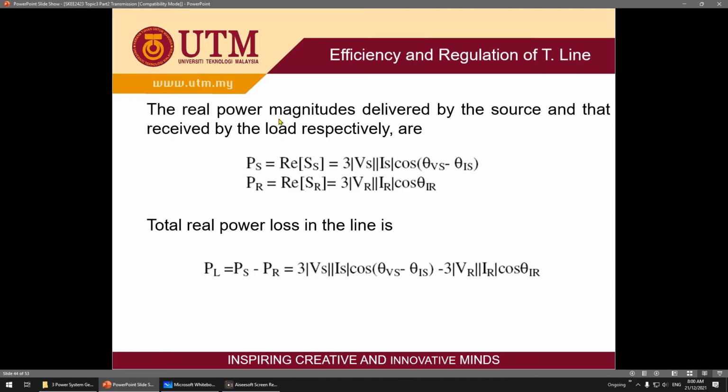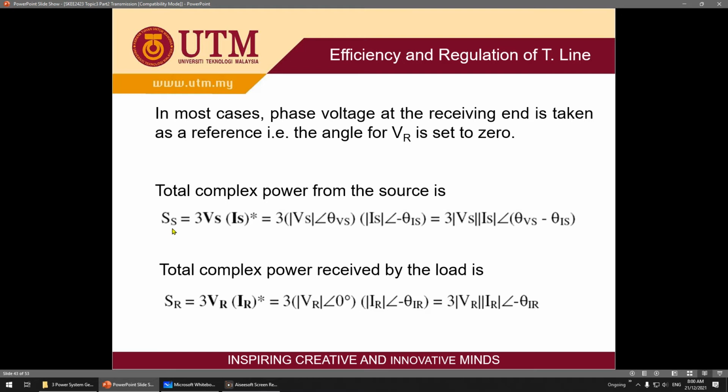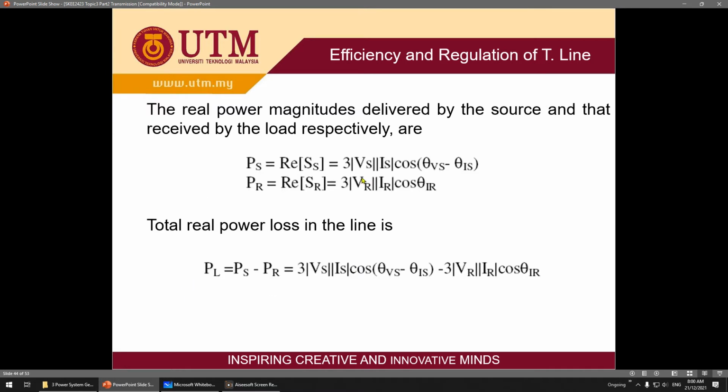The real power delivered by the source and received by the load: PS is equal to the real part of the complex power, or 3 Vs Is cos(theta Vs minus theta Is). If you already calculated the complex power, make sure to include the 3. Many of you forget about the 3 because of the 3 phases.